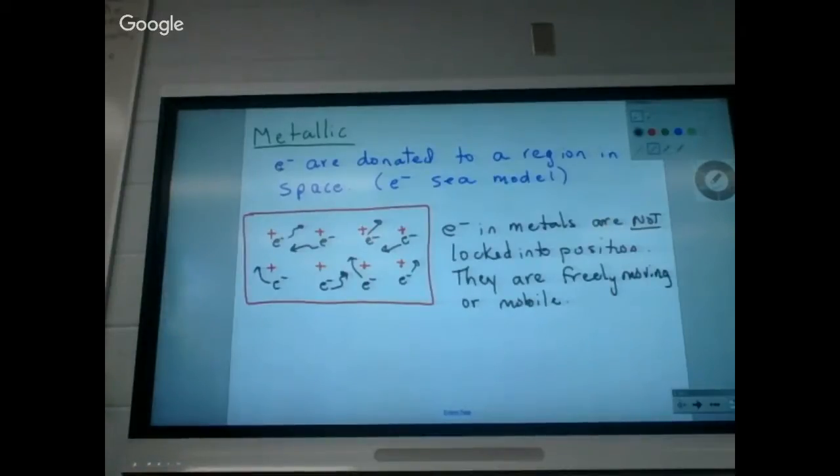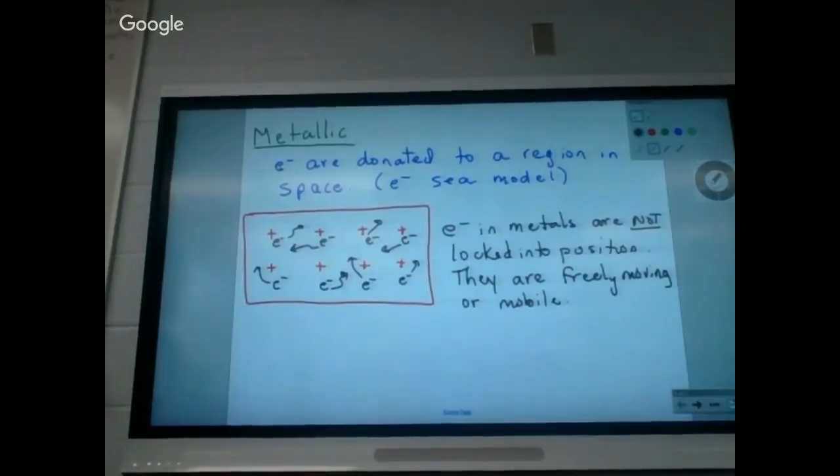Now, that's different from ionic and covalent, because in an ionic and a covalent bond, can the electrons go wherever they want to go? No, they're locked into place. Their electrons cannot move. But in a metallic bond, the electrons can move. Everybody with me on that? The electrons in a metallic bond are not locked into position.